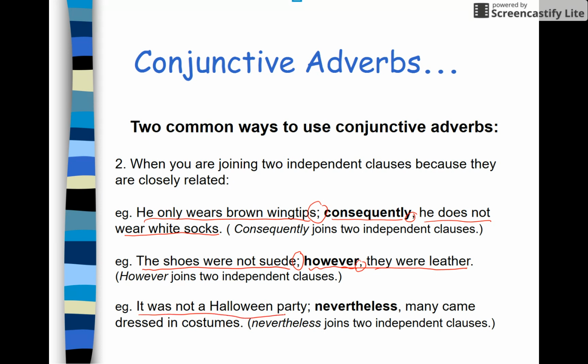Here's our first independent clause, our main idea. Second independent clause, which could be its own sentence. We want to join them in the one sentence with the conjunctive adverb of nevertheless. Finish that first independent clause with a semicolon, nevertheless, and then a comma.